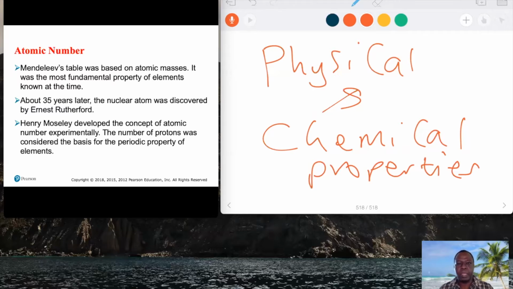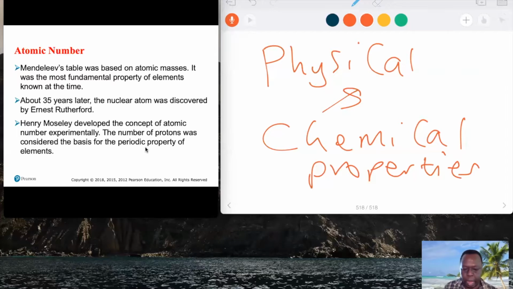So he assigned those energetic X-rays emitted by the nucleus of each element a whole number, which we now call the atomic number. From this slide, the take-home point here is the atomic number was assigned by Henry Moseley. All right. He developed the concept of atomic number doing the experiment of which the number of protons was considered as the basis for the periodic property of elements.